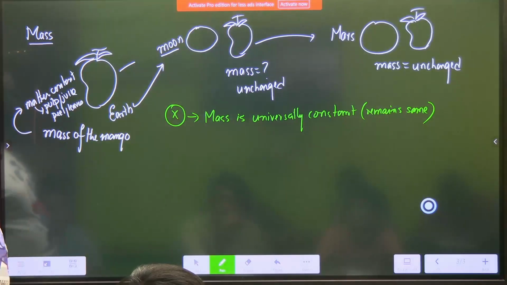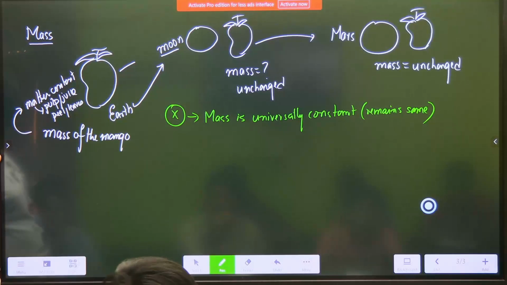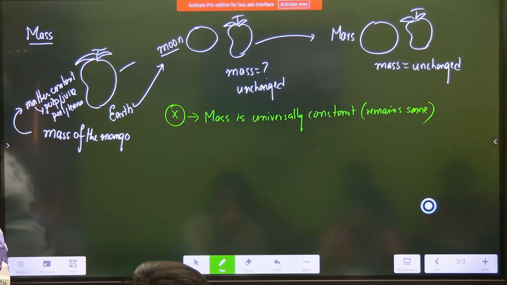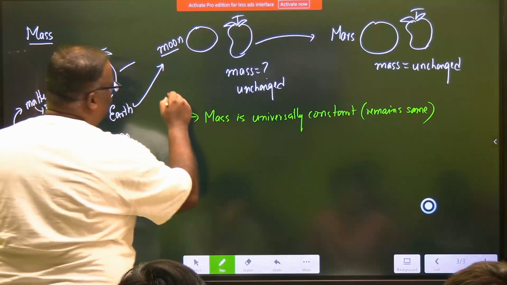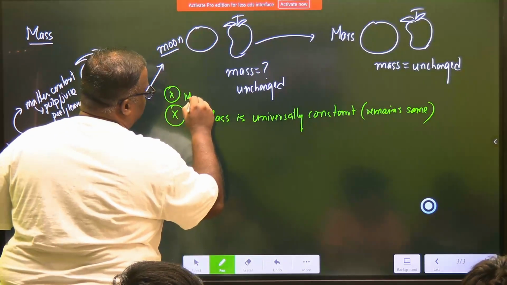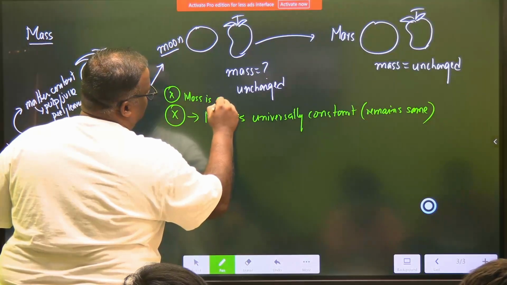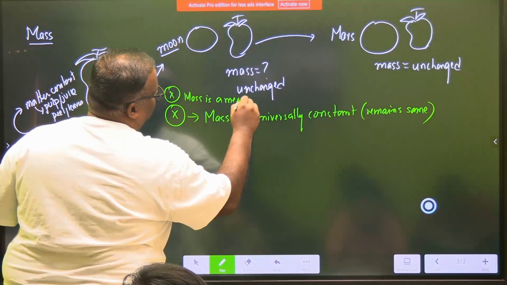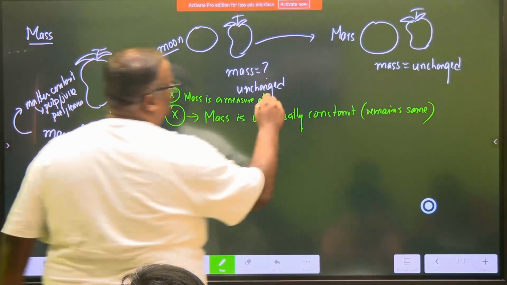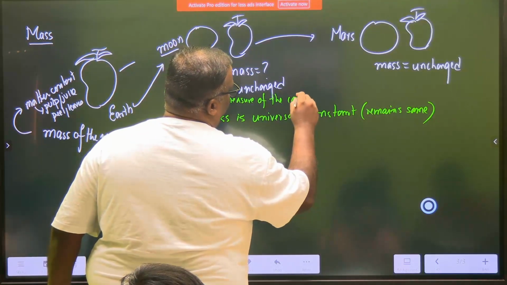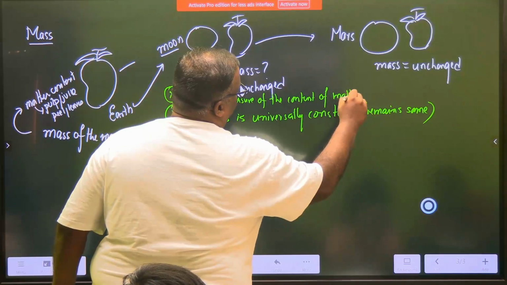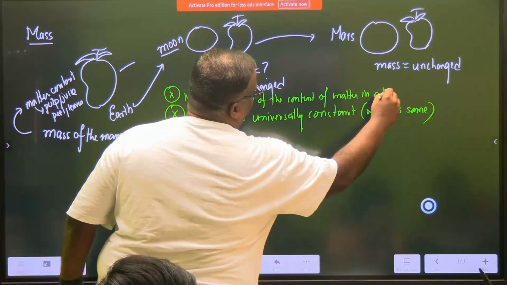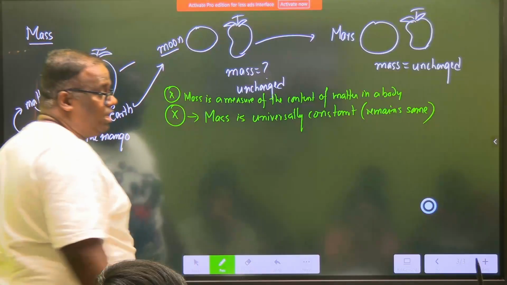Any questions here? Have you understood now? This is the point which we write when we say distinguish between mass and weight. Then we write this point. Mass is universally constant. और इसके पहले हम एक और statement लिखेंगे. Mass is a measure of the content of matter in a body. एक बॉडी में कितना मैटर है?